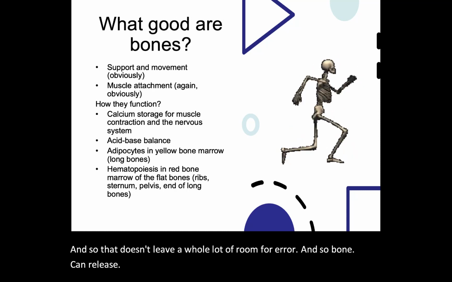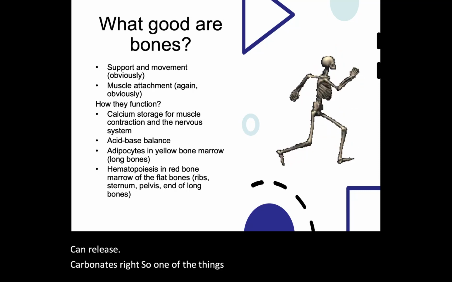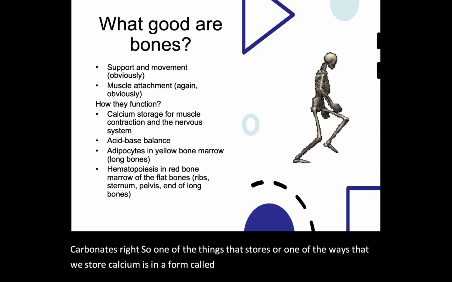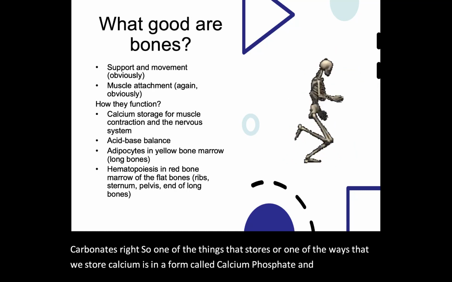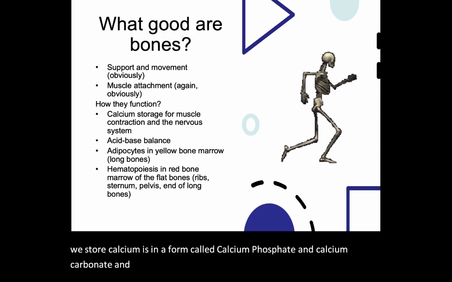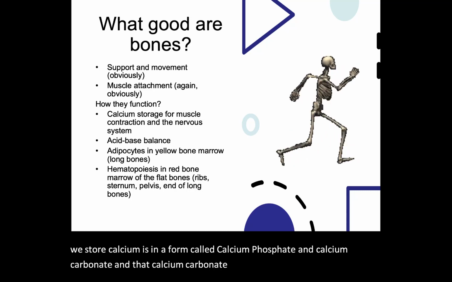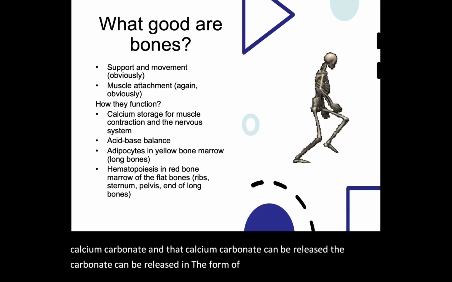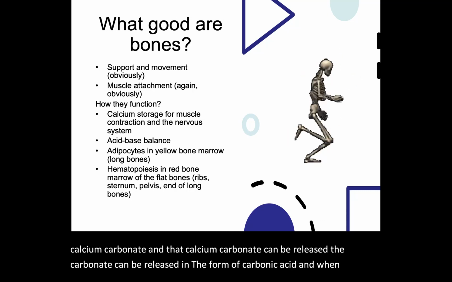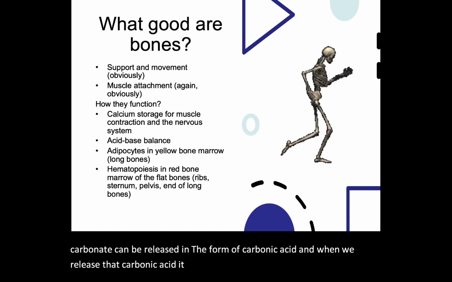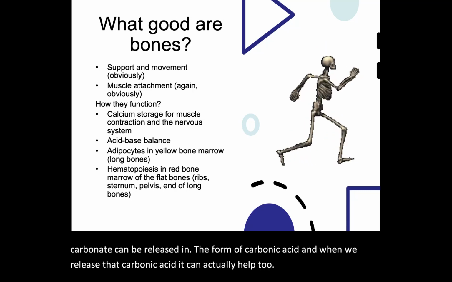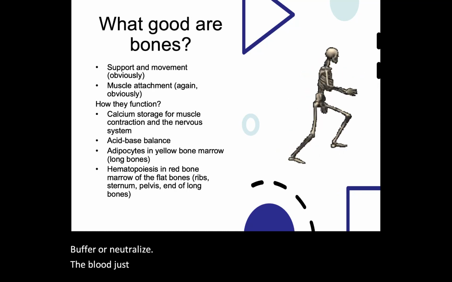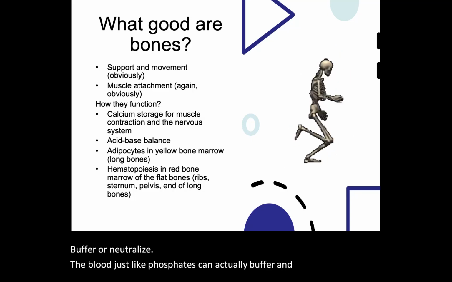carbonate. One of the ways that we store calcium is in a form called calcium phosphate and calcium carbonate. That calcium carbonate can be released, the carbonate in the form of carbonic acid. And when we release that carbonic acid, it can help to buffer or neutralize the blood, just like phosphate can buffer and neutralize the blood.